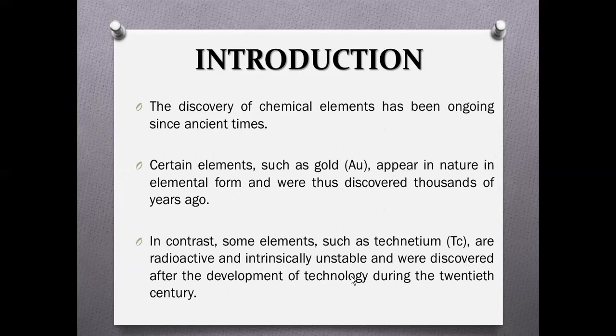This word is very important. Whenever we speak about a radioactive element, these elements are really unstable and were discovered after the development of technology during the 20th century. The chemical elements discovered at the earlier time, that you can say the ancient time, thousands of years ago, include gold, Au, which appears in nature in elemental form.